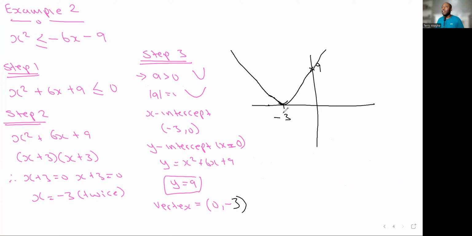So for this, there will be no solution, or not possible, because no part of the curve is below the x-axis. Is that making sense? But if, for instance, this was greater than, then we could shade above this. Okay, let's pick one more example.